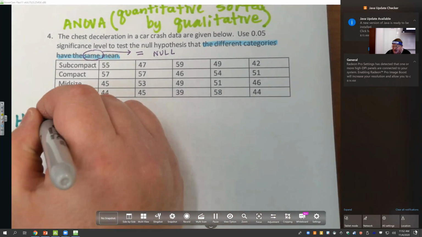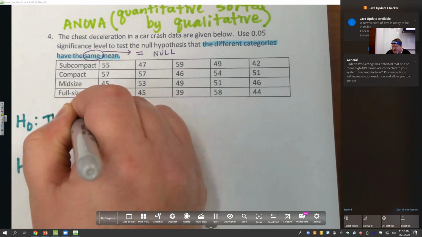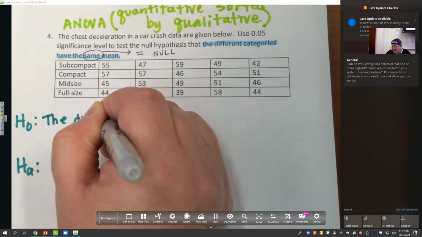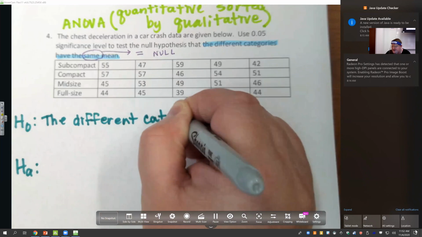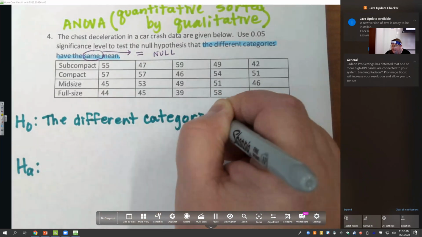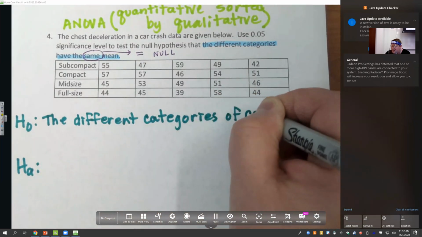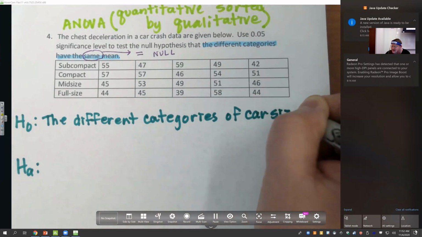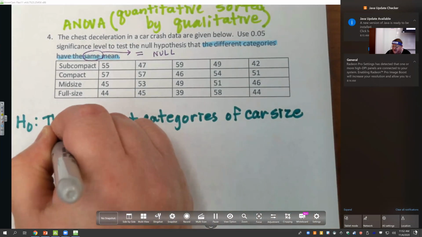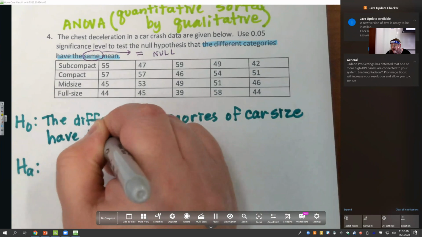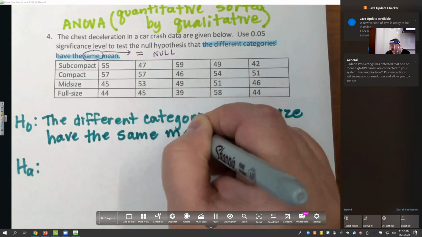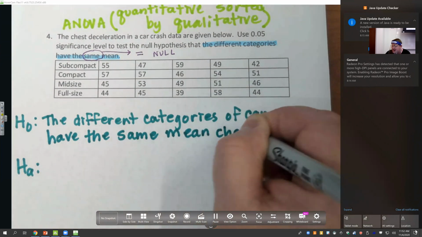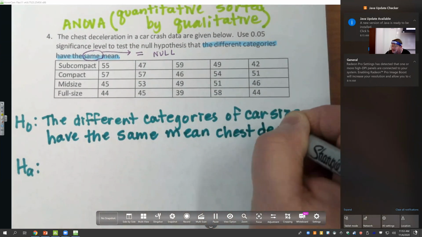So we would say the different categories of car size have the same mean chest deceleration.